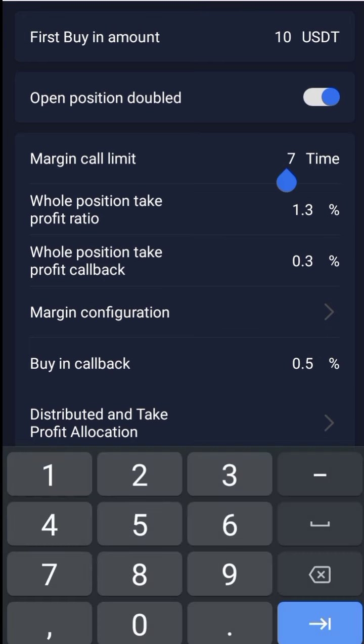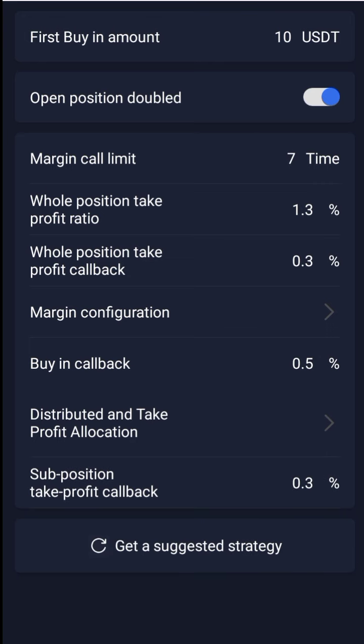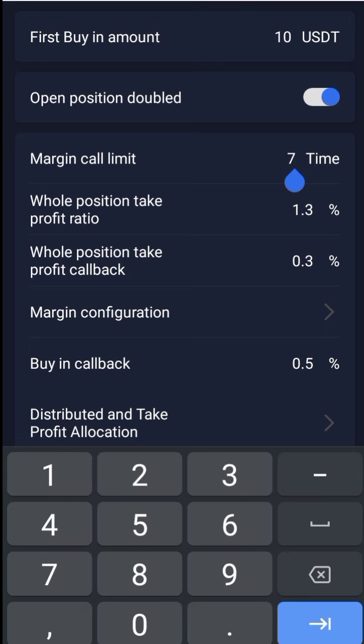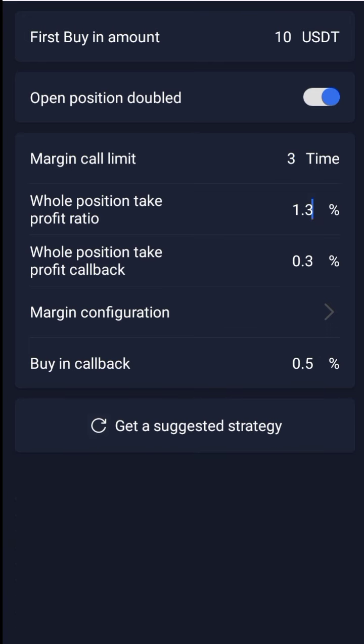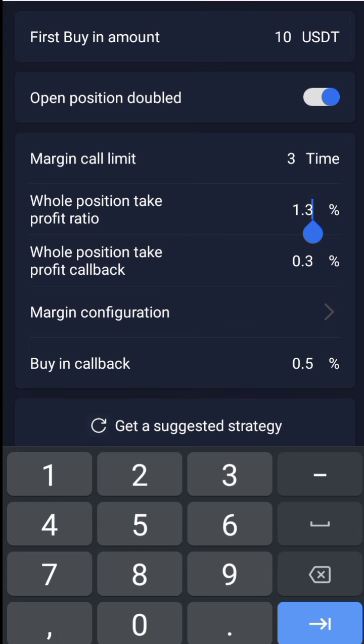So we click on the margin call. We are going to make this one, let's say, 3 times. Then we have the whole position take profit ratio. When do you want to take profit? Is it when the coin rises 1.3%?